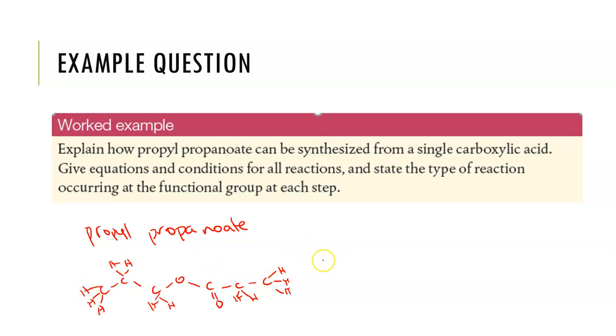Okay, so if we're going to do a retrosynthetic analysis, we're going to use our retrosynthetic arrow. This is going to say we're going to cleave this bond here, and we will therefore be able to make it from this carboxylic acid, and it said one carboxylic acid. The other thing that we need is, of course, going to be propanol.